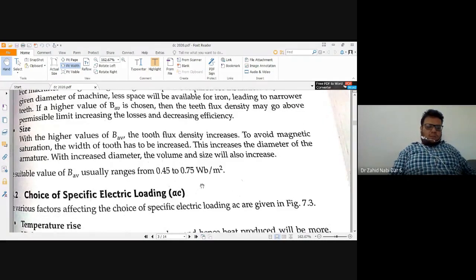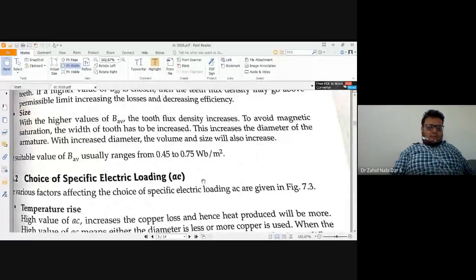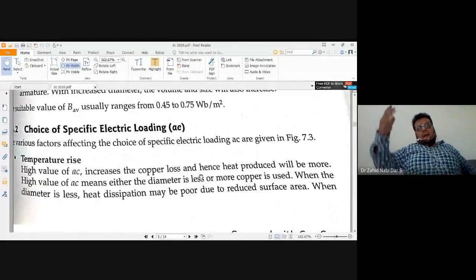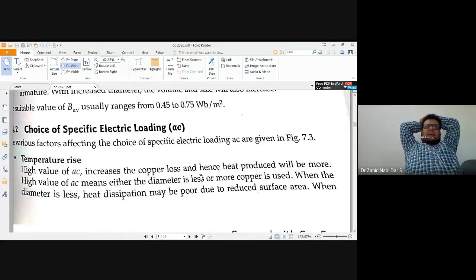Now, choice of specific electrical loading. The various factors governing the choice of the electrical loading, that is ampere turns, I into number of turns. A high value of AC increases the copper loss, and hence the heat produced will be more. A high value of AC means either the diameter is less or more copper is used.